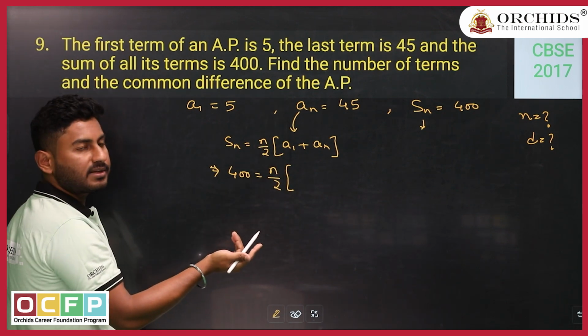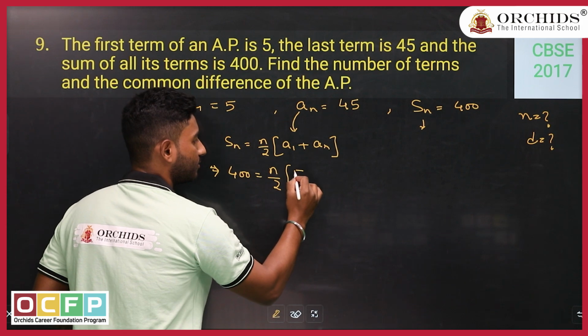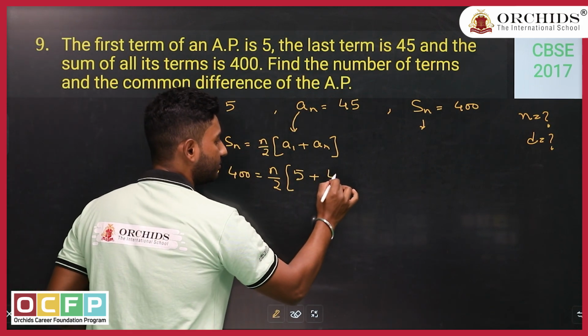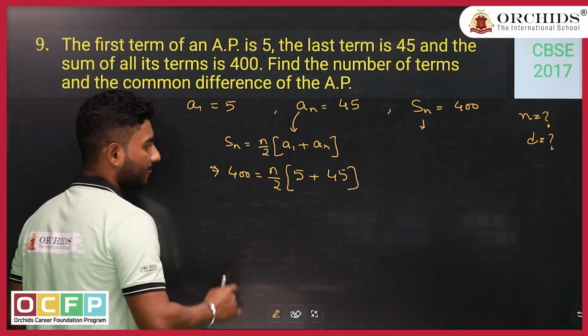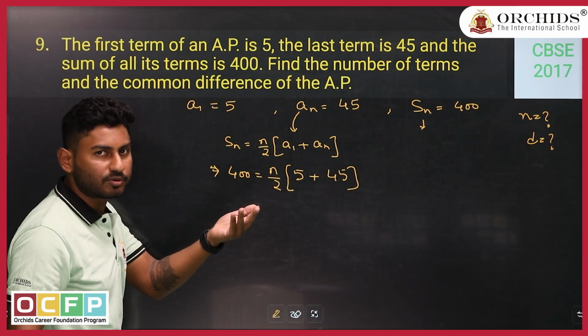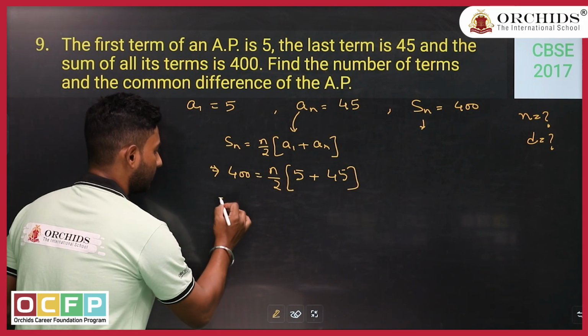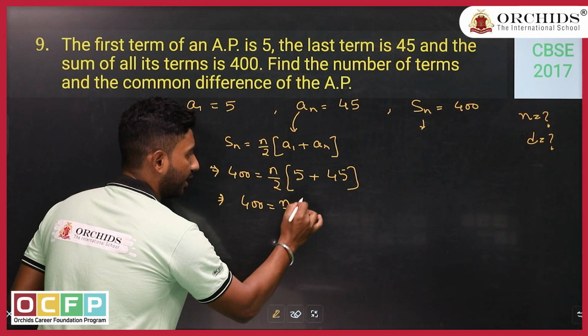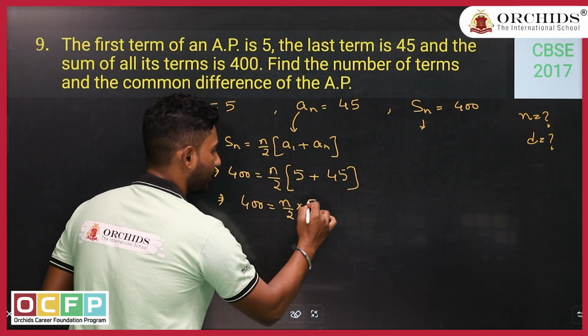Do I know what a1 is? Yes, 5. What is a_n? Given, 45. Write it down. In this equation you have only one unknown, so you can find it easily. So 400 equals n by 2 into (45 plus 5), which is 50.